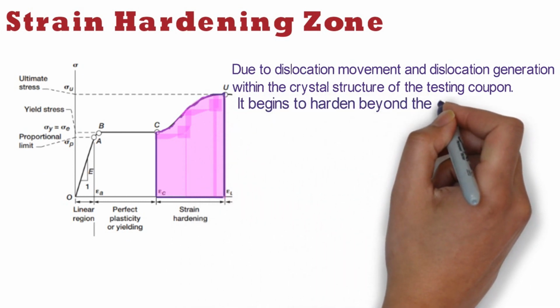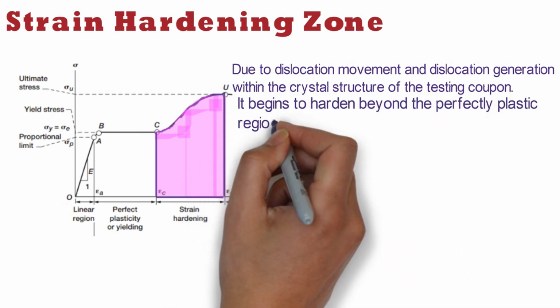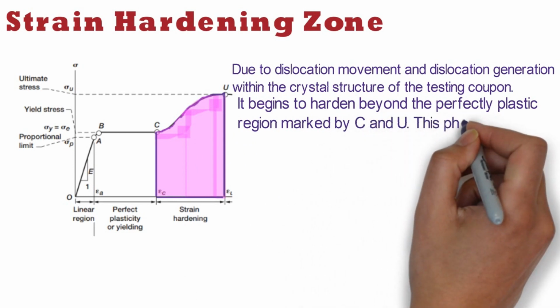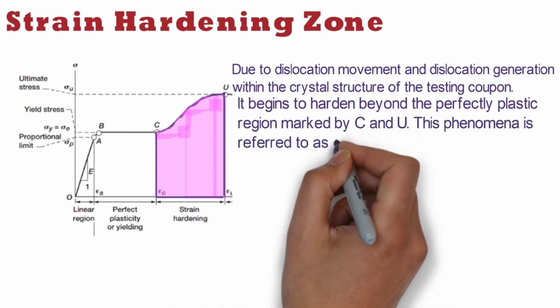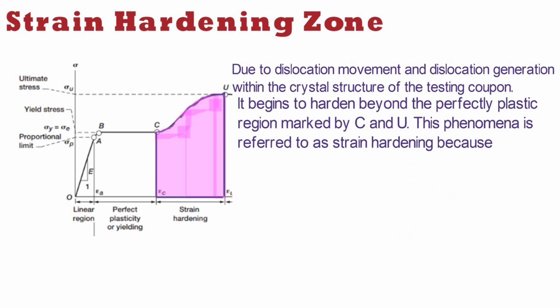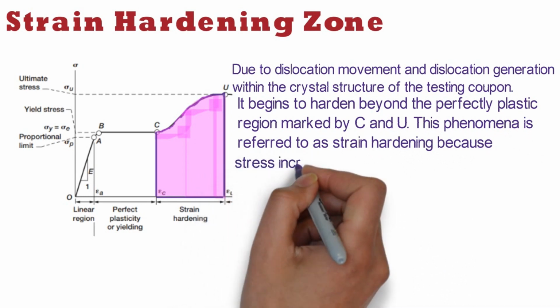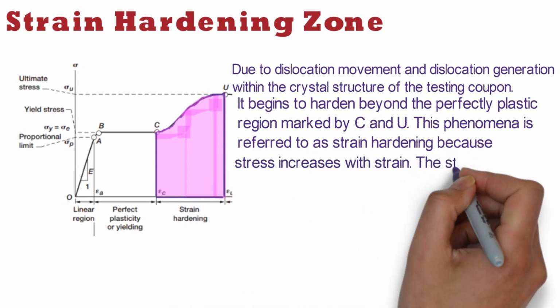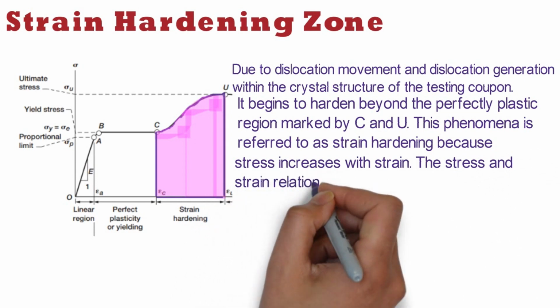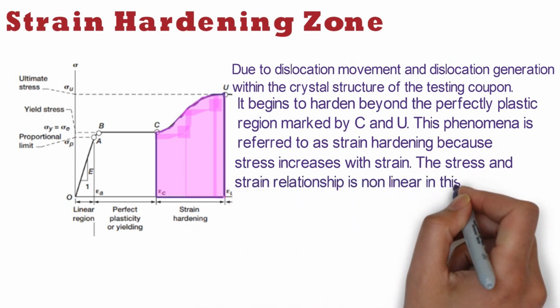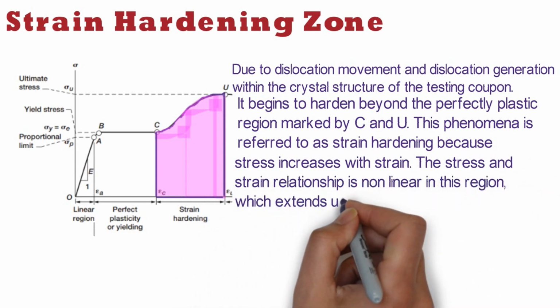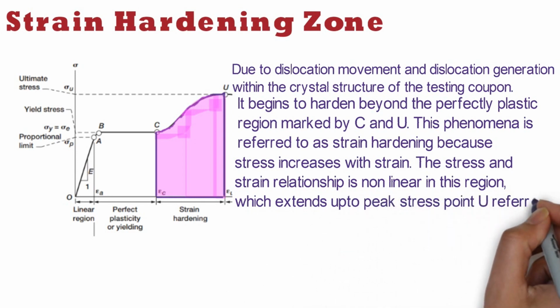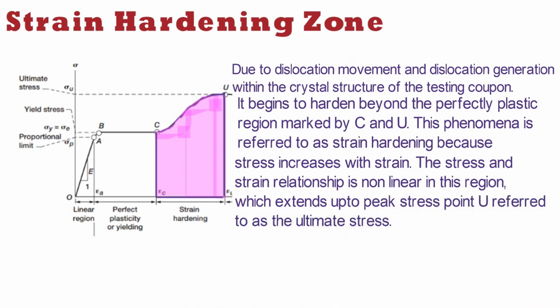The material begins to harden beyond the perfectly plastic region, marked by C and U. This phenomenon is referred to as strain hardening because stress increases with strain. The stress and strain relationship is nonlinear in this region, which extends up to the peak stress point U, referred to as the ultimate stress.